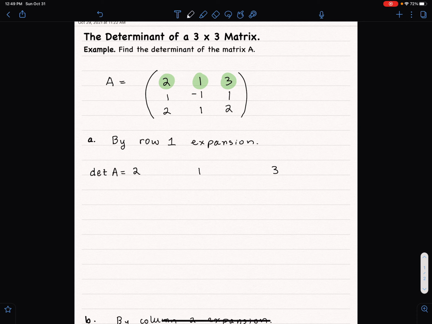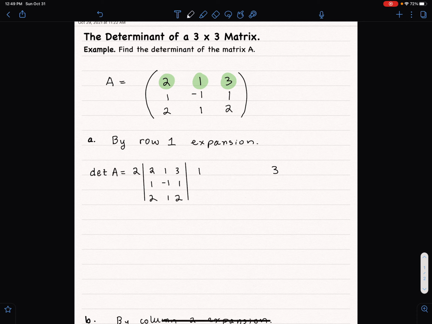Now what I do is I take that first 2 and I multiply it by a 2 by 2 matrix. And what is that 2 by 2 matrix? Well, it's the matrix A, which I'll write down here. And by the way, usually you don't quite show all this work. It's too much, but I want to explain this as I go.